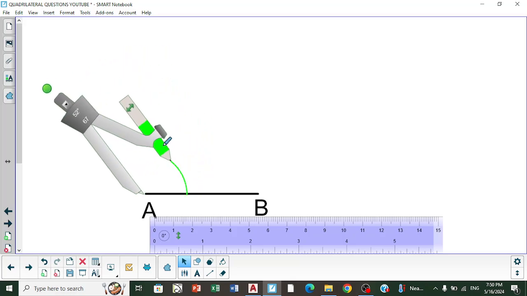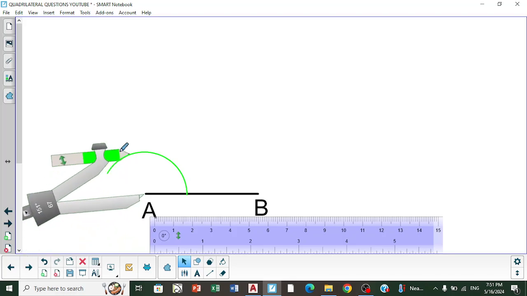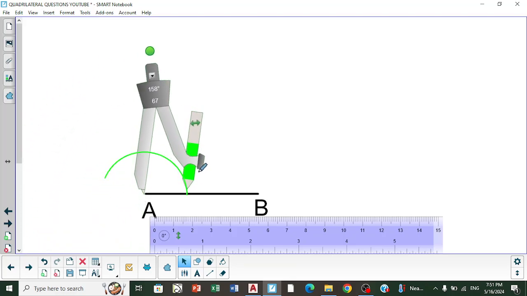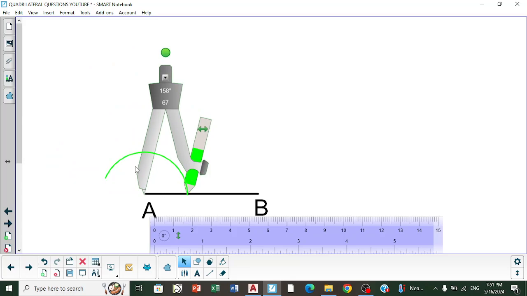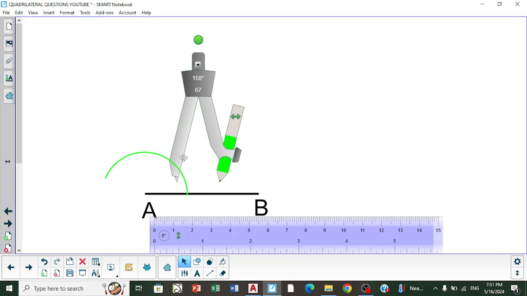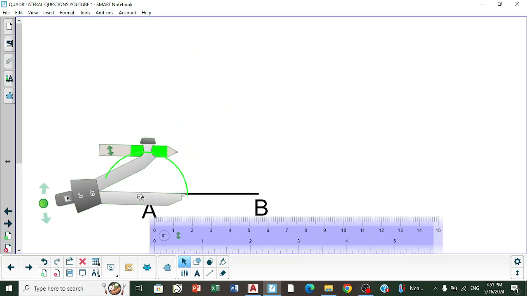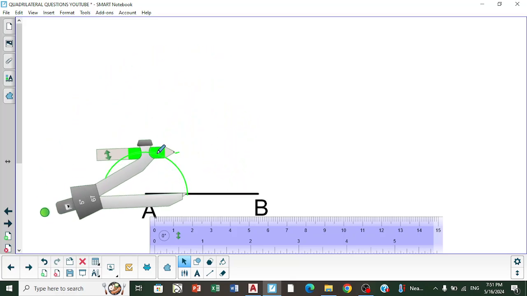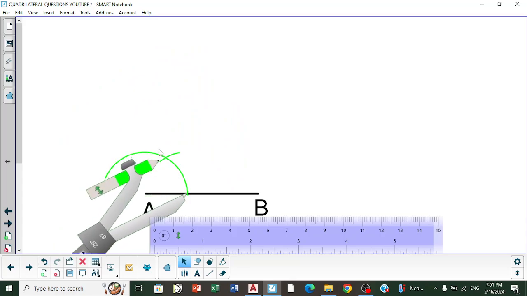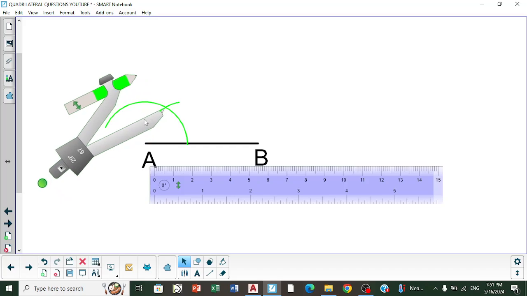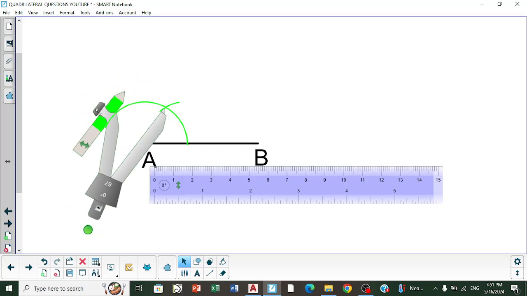And then open my compass to this preferred space. Without altering the compass distance, I'm going to place it at a point where it touches the straight line AB. I'll then proceed to inscribe an arc. I'll just jump to this new position to inscribe a second arc.